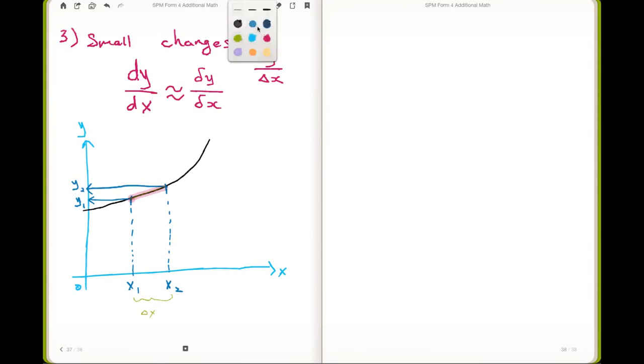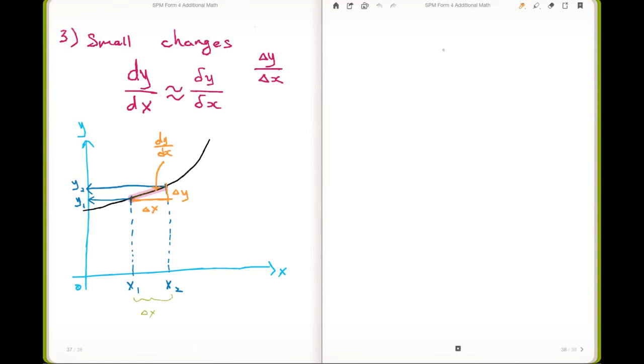Because of that, if you have a triangle, you have a gradient here, therefore your dy over dx is approximately equal to the small change of y over the small change of x. Let me give you an example.